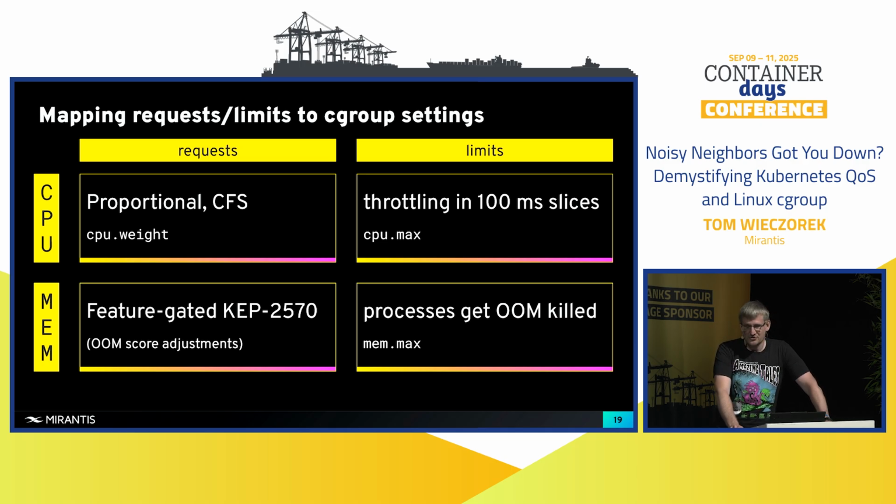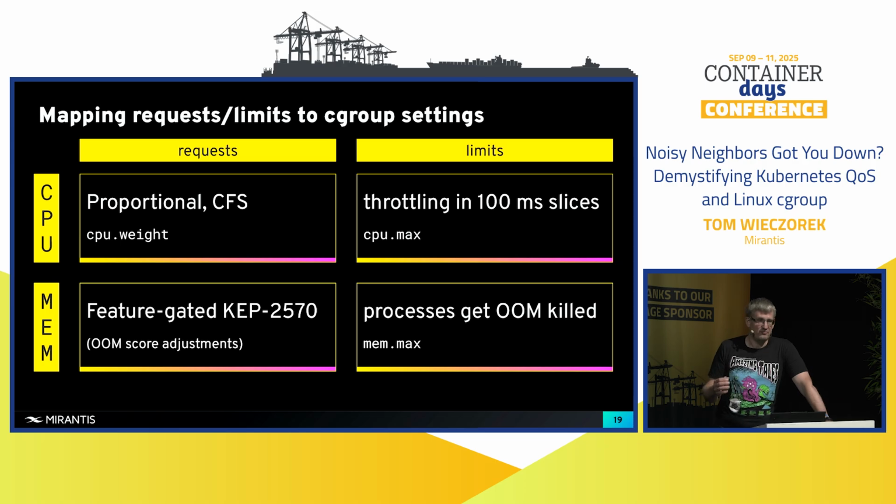But let's have a short look at memory. There is the memory.max setting, which is basically just the absolute amount of bytes which you are allowed to use in your cgroup. And this is a bit different from the limits in CPU, because when you're hitting your CPU limits, you're getting throttled. When you're exceeding your memory limits, you're being OOM killed.